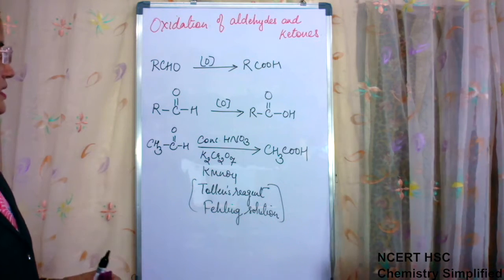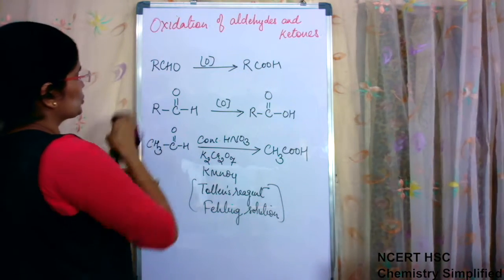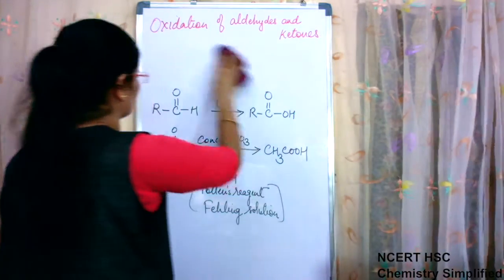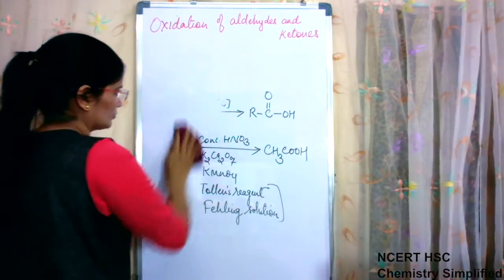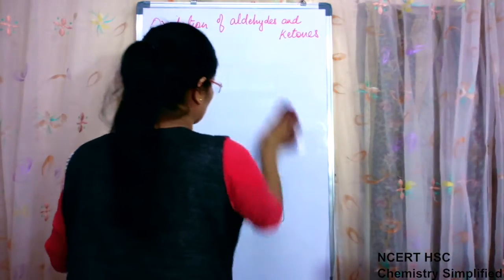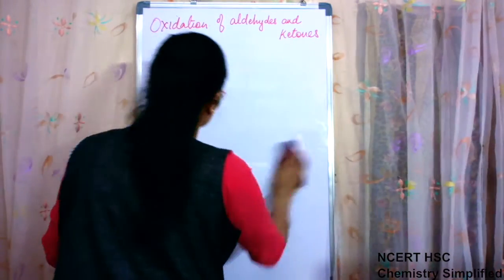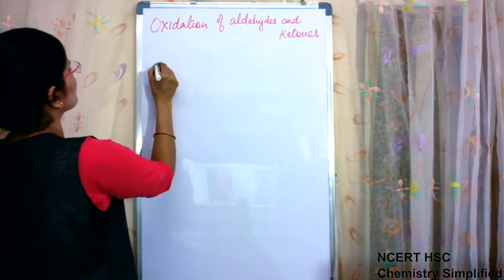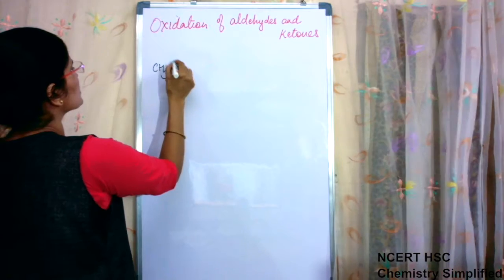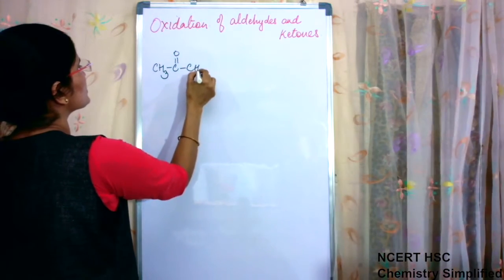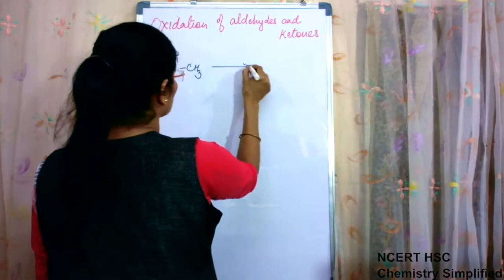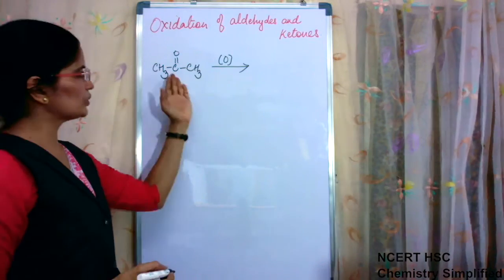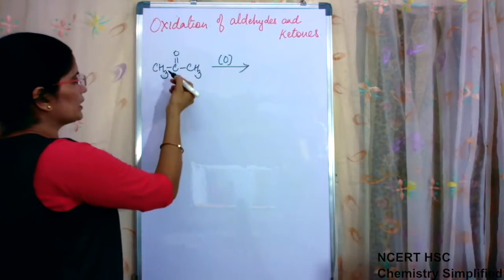Now what is the case with ketones? Now we have to see. Now in case of ketones, if we see CH3, C double bond O, CH3. When ketones are to be oxidized, now ketone cannot be oxidized into acid without breaking any bond.